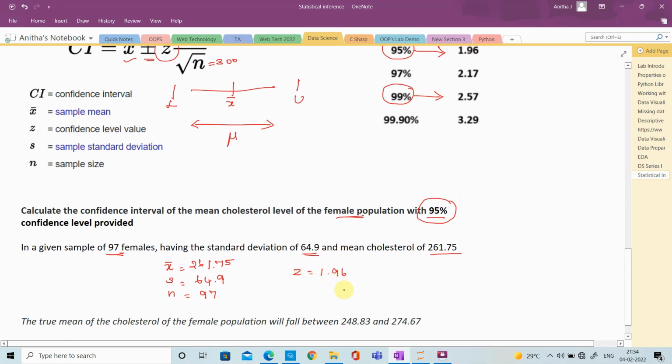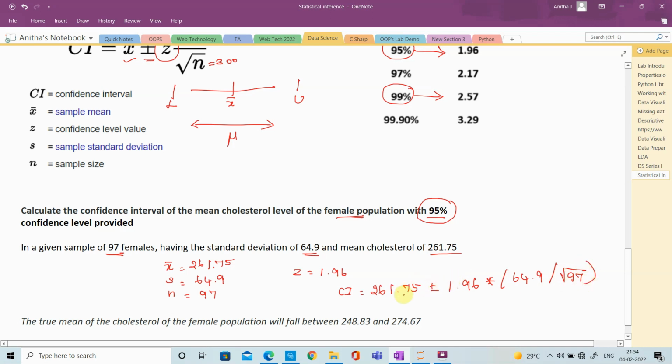So now the confidence interval will be calculated as X bar, 261.75, plus or minus the Z value 1.96 times the standard deviation 64.9 divided by root 97.